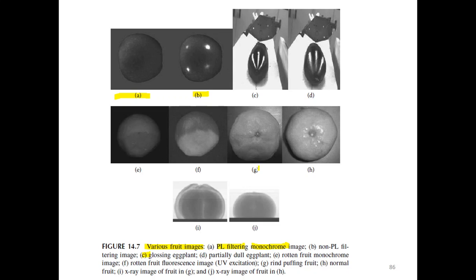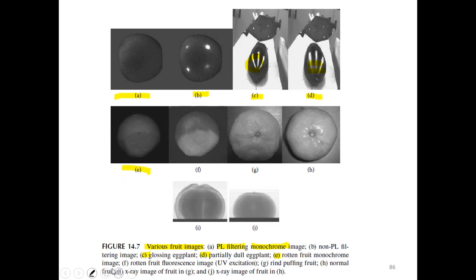And C is the glossy eggplant. Okay, C is the glossy eggplant. And D is a partially dull eggplant. So D is another, so you can see it's not so clear compared with the C image. And E is a rotten fruit monochrome image.